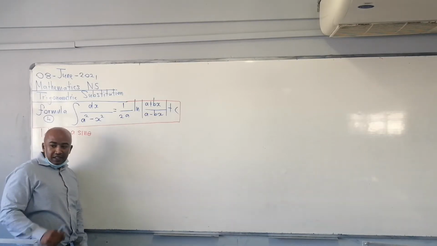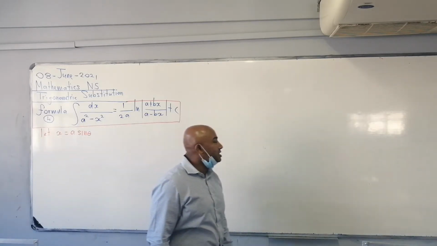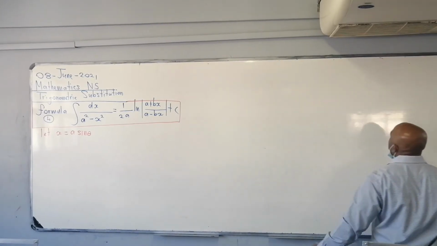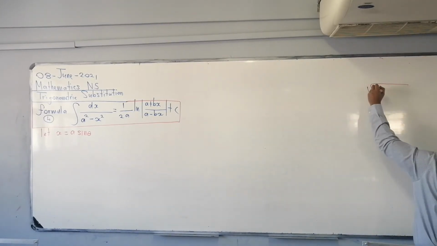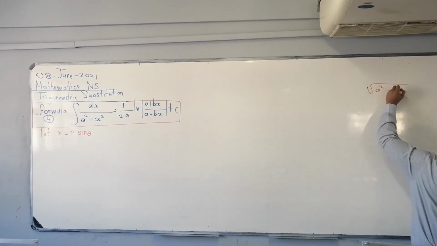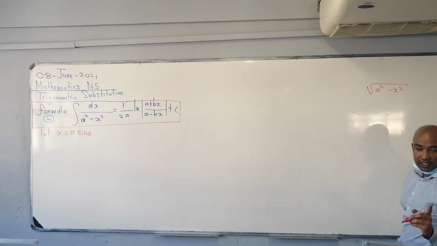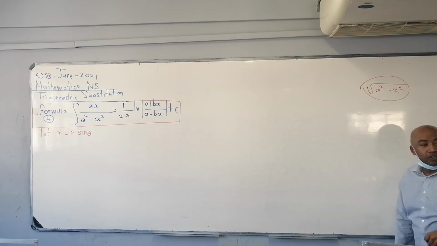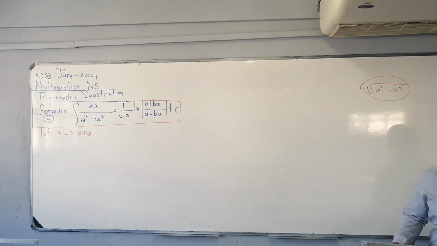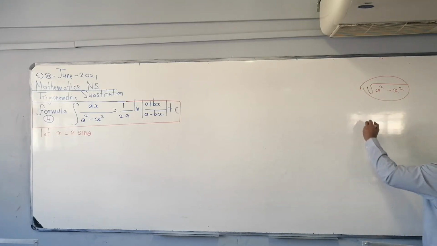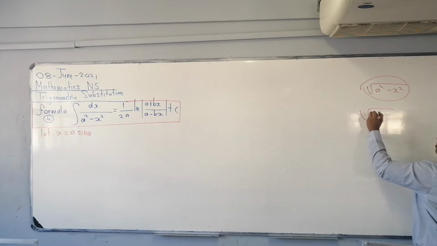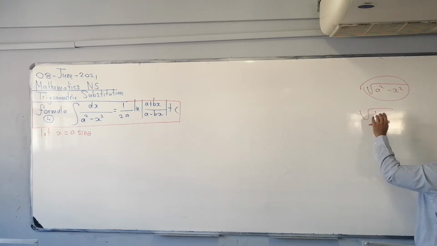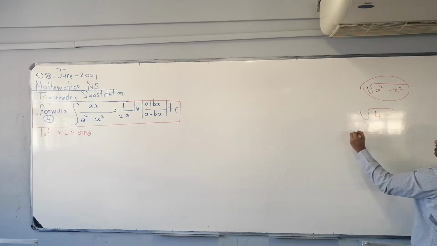Now, the sine substitution is normally used when you have a square root of a squared minus x squared. Because what is the aim here? The aim, when you have a square root, is to get rid of the square root without actually squaring it, by having something like the square root of 4.